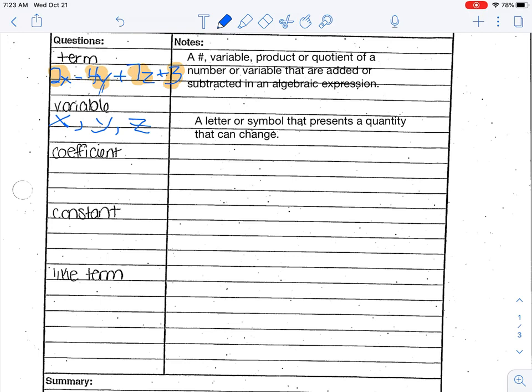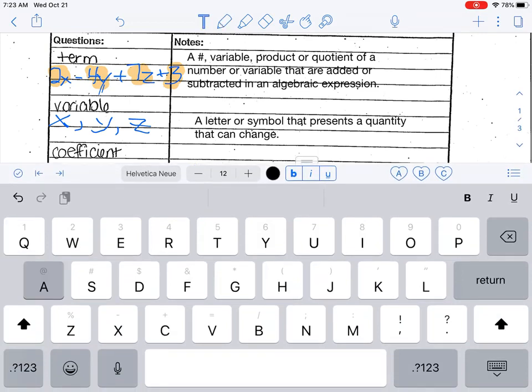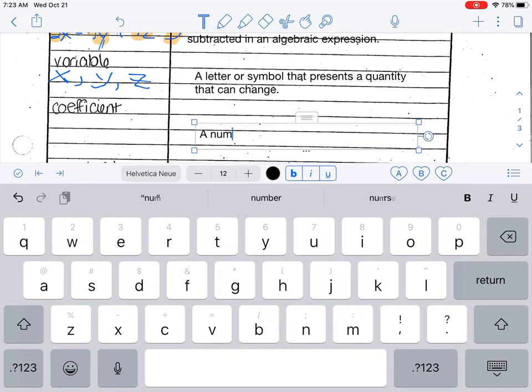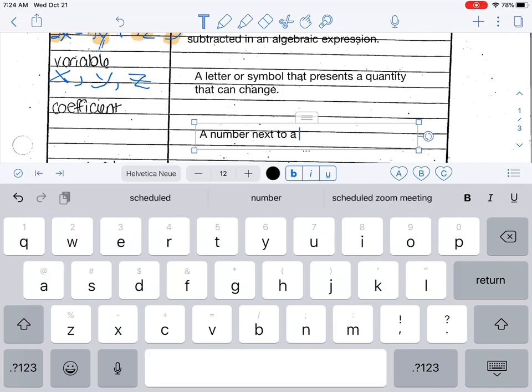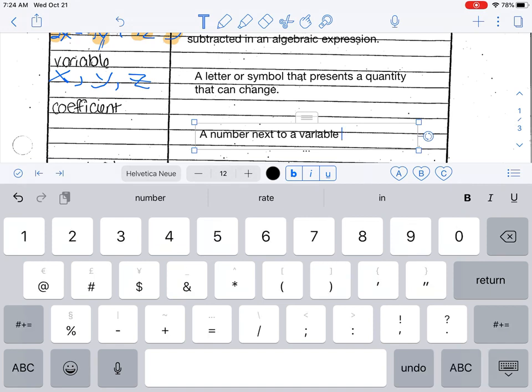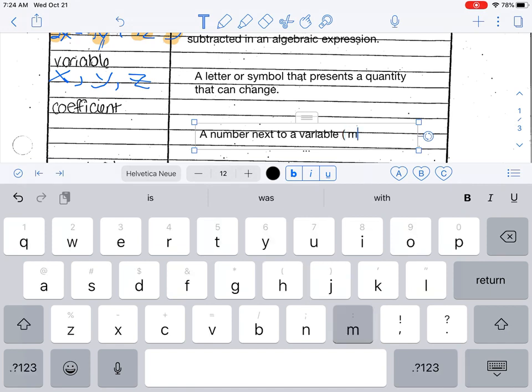A coefficient is a number next to a variable. And that is just in layman's terms, but that means the number is next to a variable, which means it's going to be a multiplication problem.